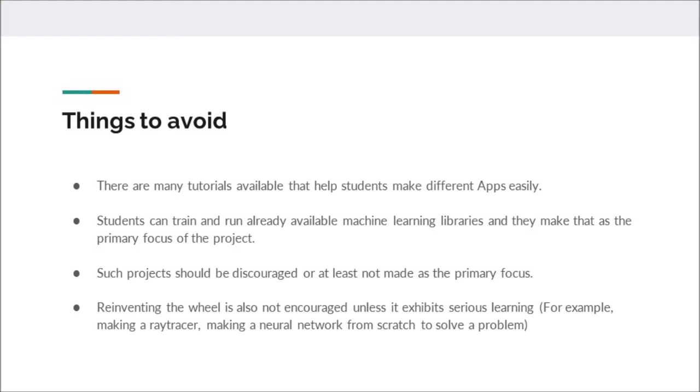So such projects are normally discouraged. Even though they are discouraged, we can allow these projects, because it is possible that you have some underlying primary focus. So what this means is that these projects are discouraged, but they can be approved as a part of a bigger project.